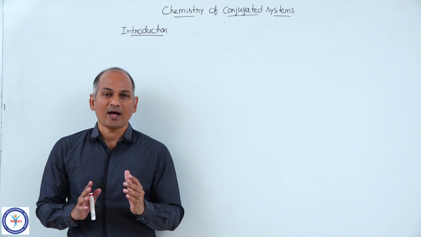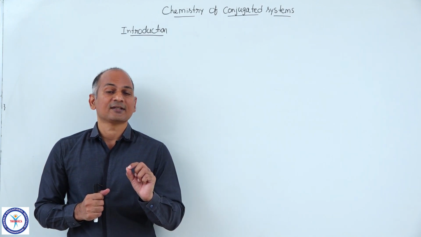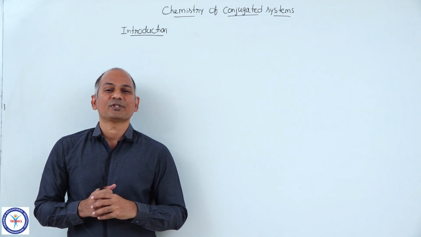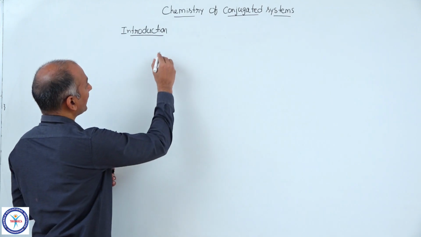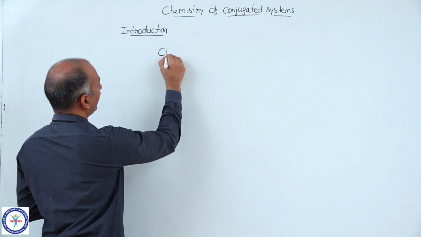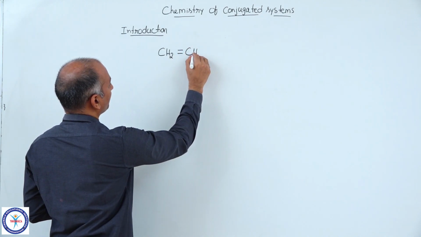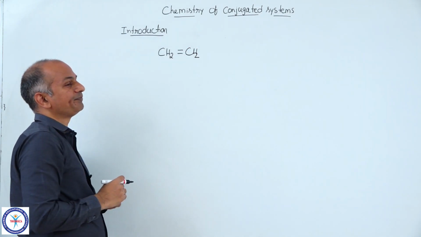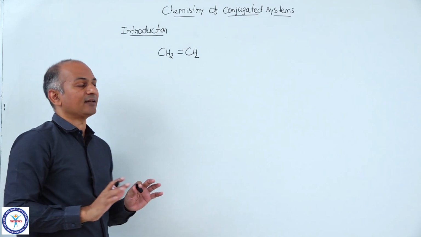Now, if you come to organic chemistry, what is the reason? One of the reasons behind the color of organic compounds is conjugation. For example, ethene, CH2 double bond CH2. There is no conjugation in this compound. It is just an unsaturated compound, ethene.